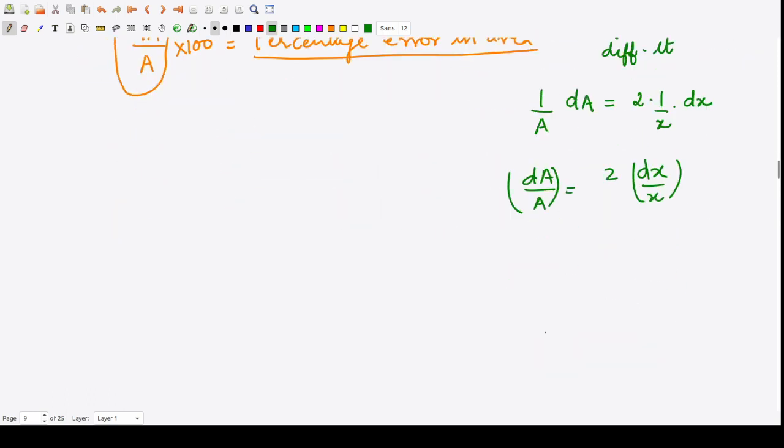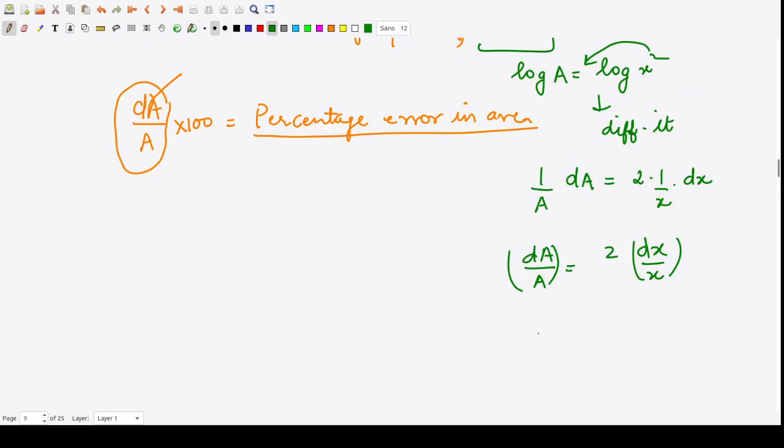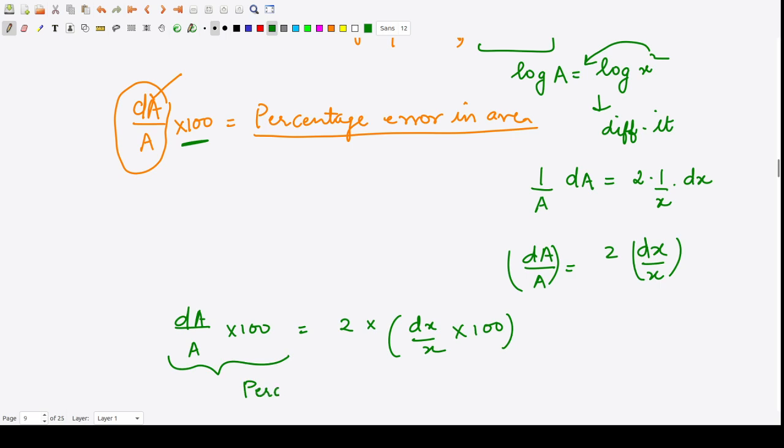Now in order to calculate this percentage error, we can multiply this by 100, right? So we will have dA by A into 100, this is equal to 2 into dx by x into 100. Now what is this thing?